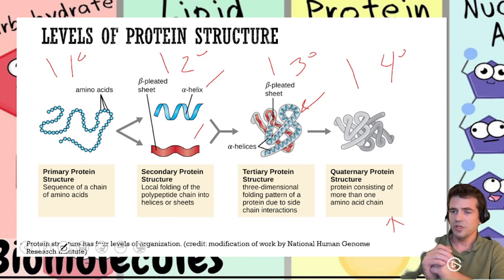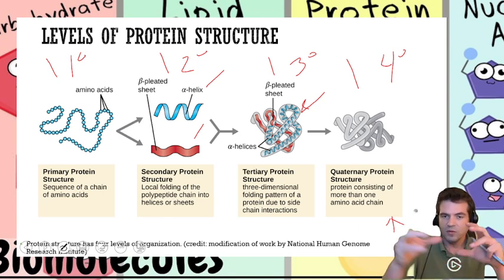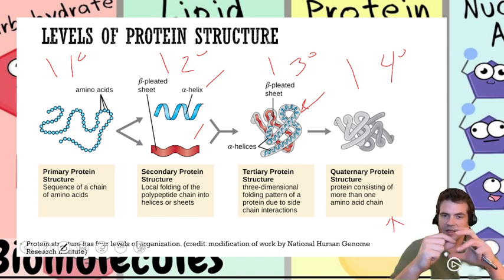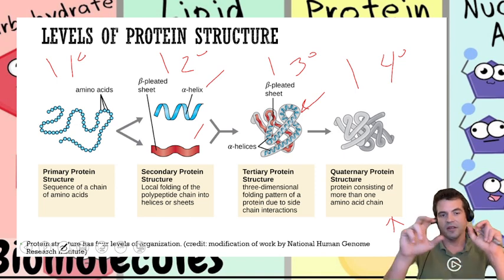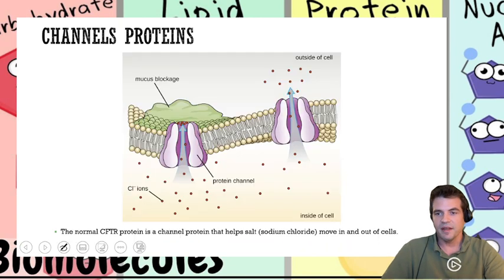All right, and so all these proteins are folded in such a way that they allow only what they need to into what they need. So if it's a receptor, it only allows what it receives into its active site. Okay, and what do I mean by that?